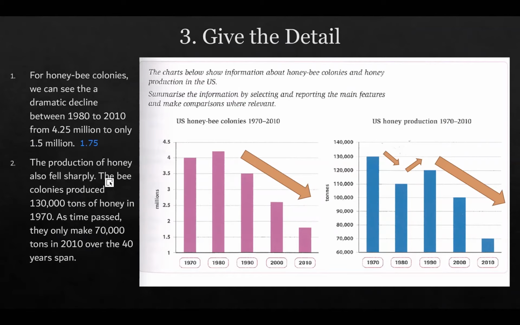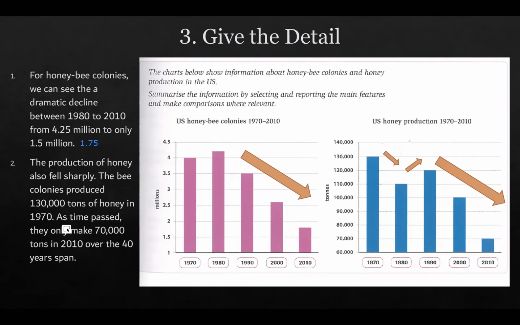And the production of honeybee also fell sharply. The bee colony produced 130,000 tons of honey in 1970.